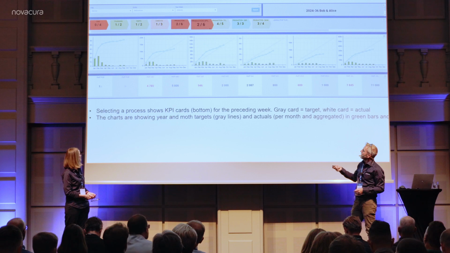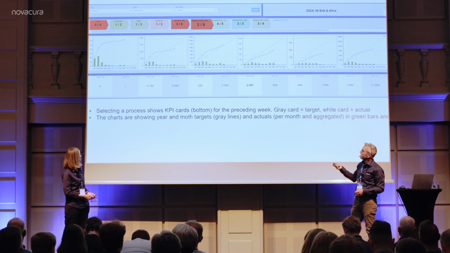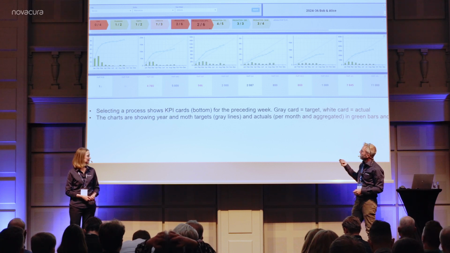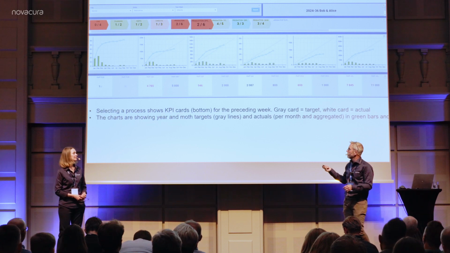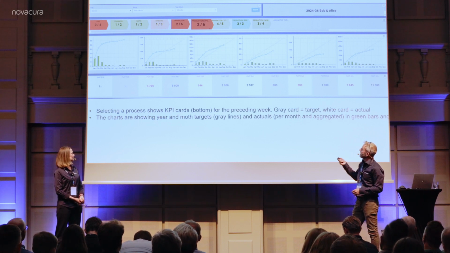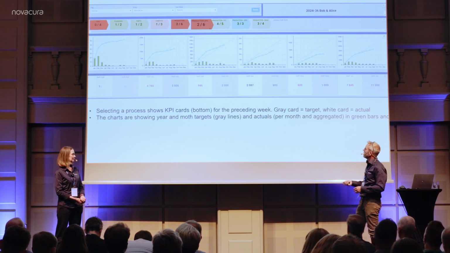And down here they have weekly meetings, so they keep track of their targets. Their targets are the gray cards here for the week, and this is the actual number, the result of the week or last week. And then they group these KPIs into processes, and that's where you can see how many are okay, how many you are falling a little bit short on.